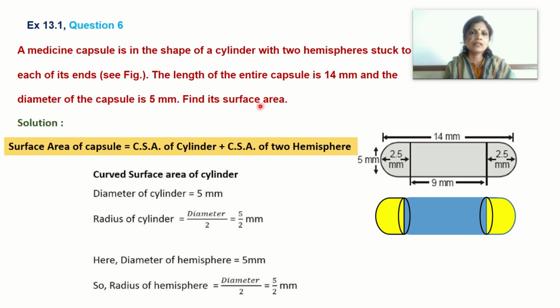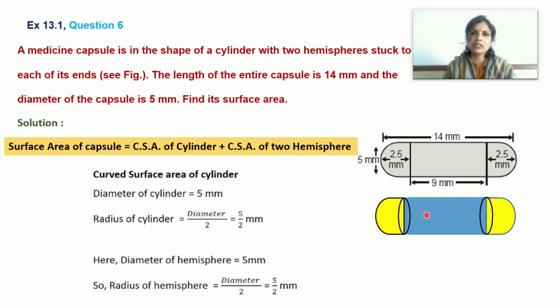Find its surface area. Looking at the capsule, when we have to find the surface area of the capsule, we can make a formula. Our formula would be the surface area of the capsule is equal to the area of the central part of the capsule, which is cylindrical in shape.